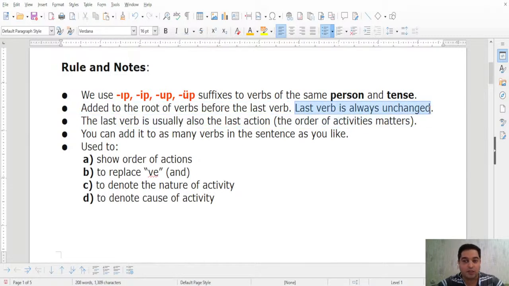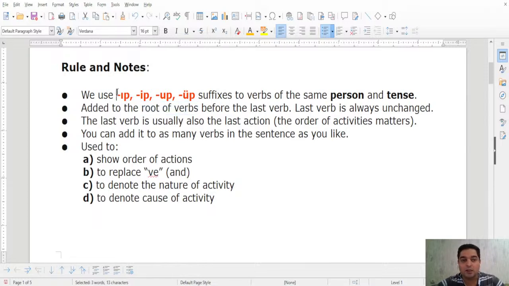We don't add anything to that one, but every other verb preceding the last verb gets the up, ip, up suffix that is added to the root of the verb. What is the root of the verb? It is the part without mak, right? For example, for yapmak, the root will be yap. Gitmek, the root will be git. So any structure without mak is the root of the verb.